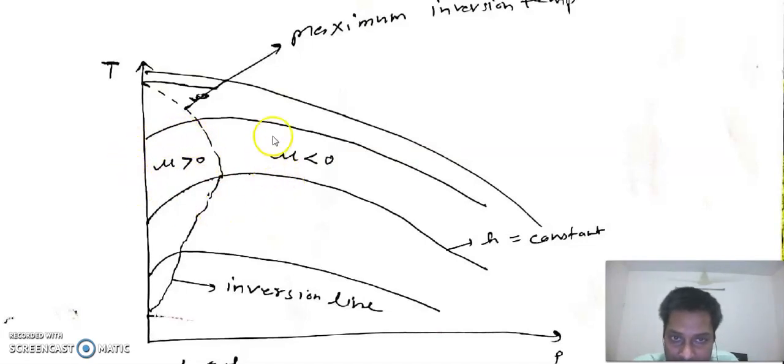And on the right hand side the Joule-Thomson coefficient has a negative value. It means there will be an increase of temperature due to throttling. And at this inversion line the value of mu is 0. It means there will not be any variation of temperature due to throttling.